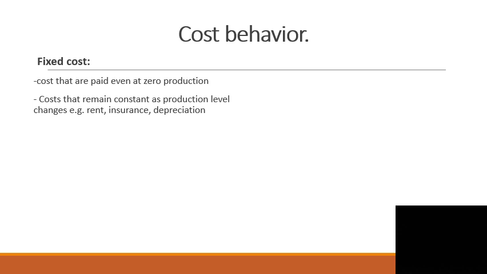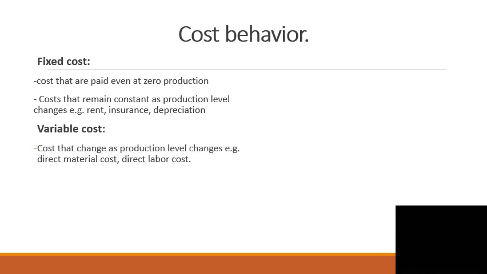We have examples of rent, insurance, and depreciation. Variable costs, on the other hand, are costs that change as production levels change, e.g. direct material cost and direct labor cost.